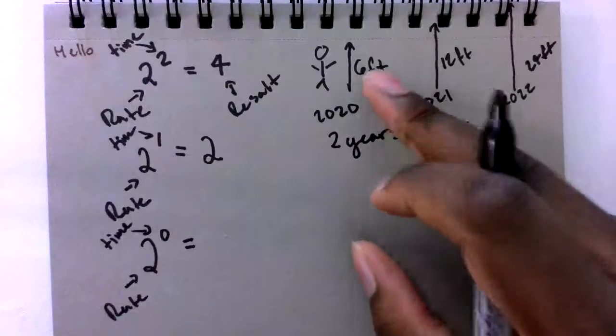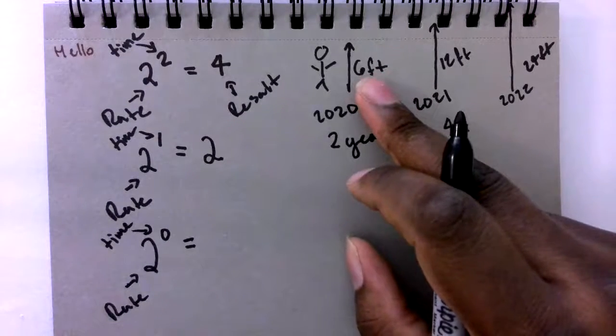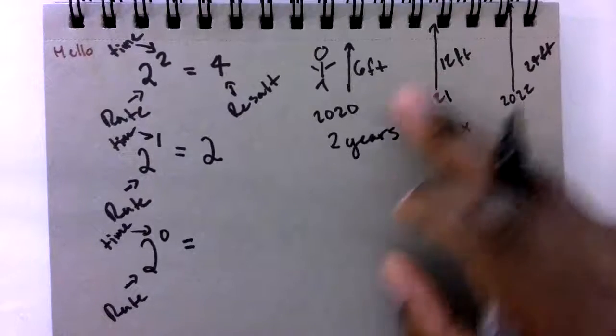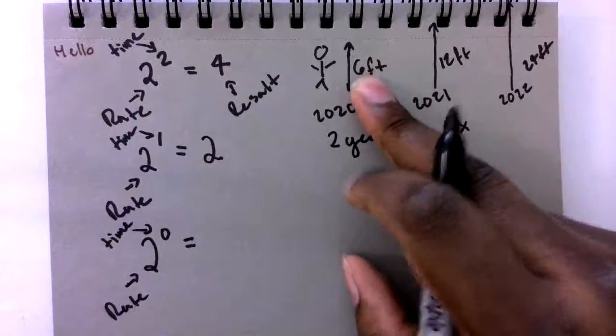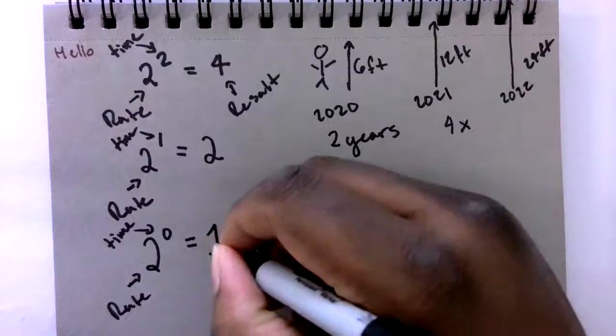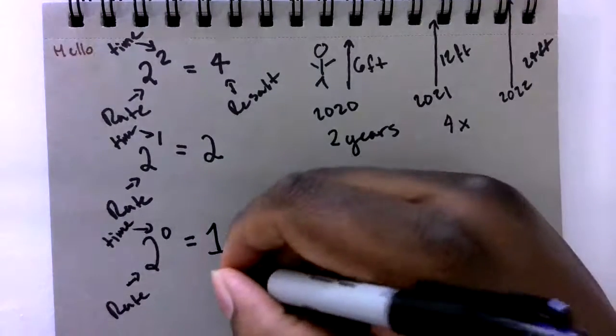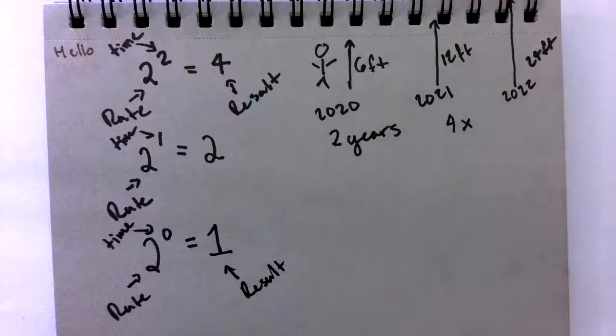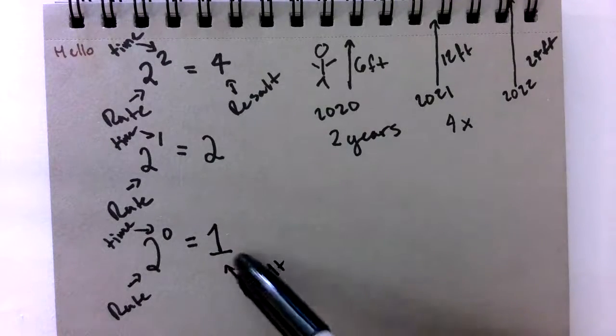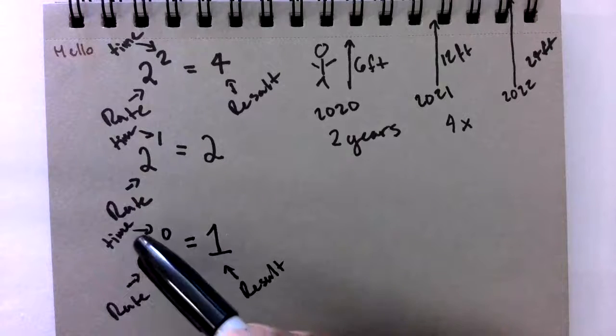I'm the exact same size. I haven't grown at all. I haven't doubled in size. I haven't quadrupled in size. So that's my result: I'm the exact same size I am when I started.